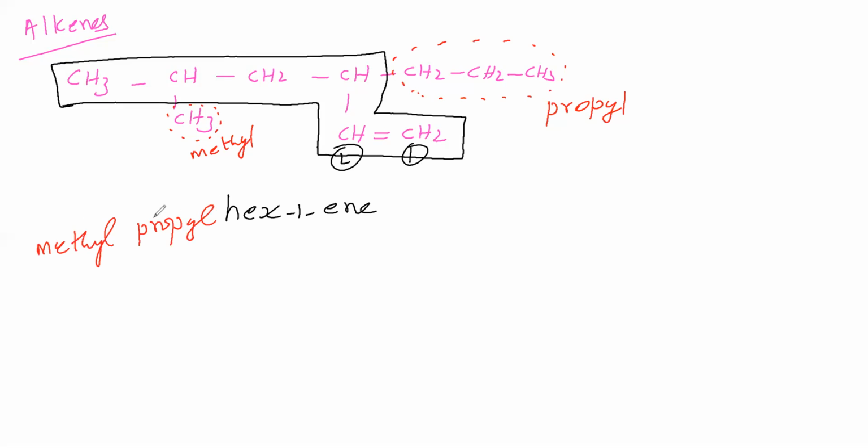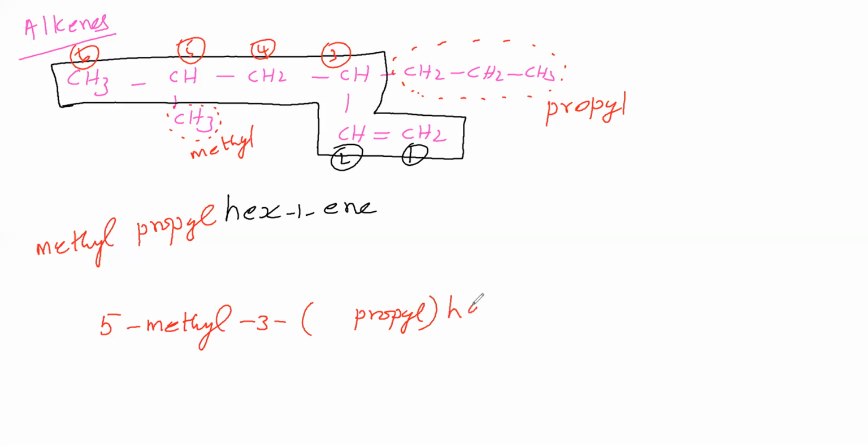Now we have to say the position of methyl and the position of propyl. For the methyl position, we count 3, 4, 5, 6. So the methyl position is the fifth position, therefore 5-methyl. The propyl position is 3, therefore 3-propyl we can write.